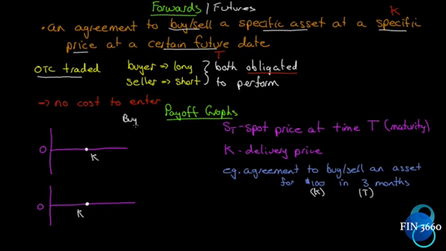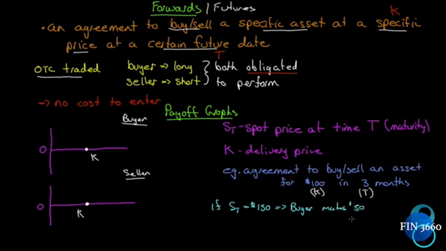We'll put buyer up here, and we'll put seller down here to show their payoff charts. Well, let's look at two examples here. Let's say that in example 1, if the spot price equals $150 at time T, the buyer makes $50.